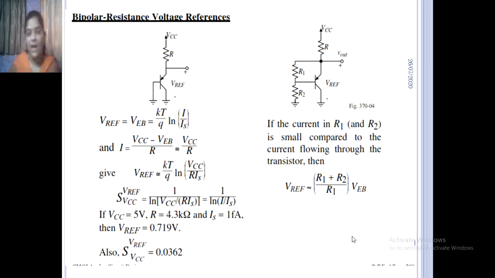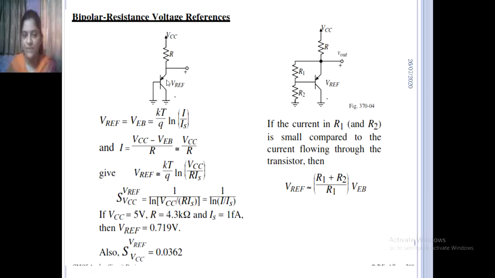Then bipolar resistance voltage references, where transistors are used. See here which type of transistor it is, NPN or PNP. It is PNP, because the arrow is always toward the N layer.